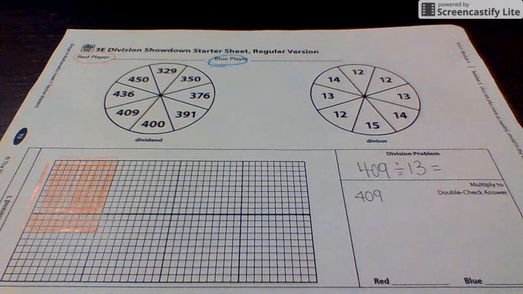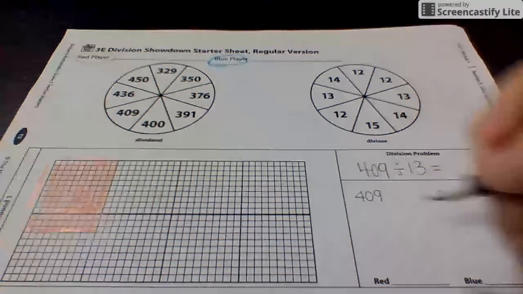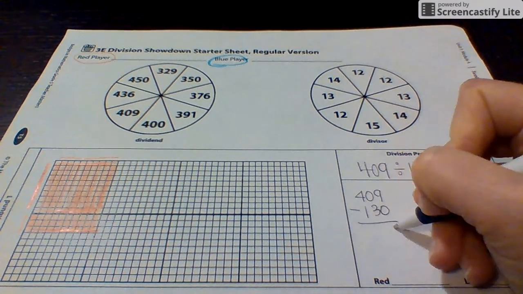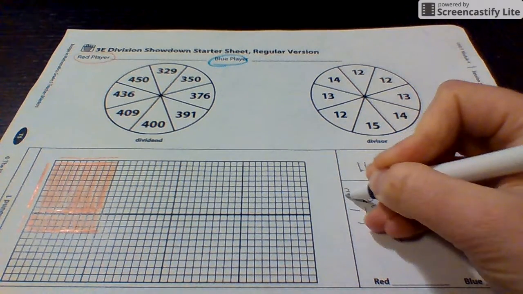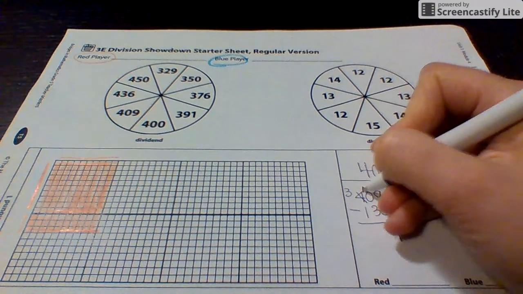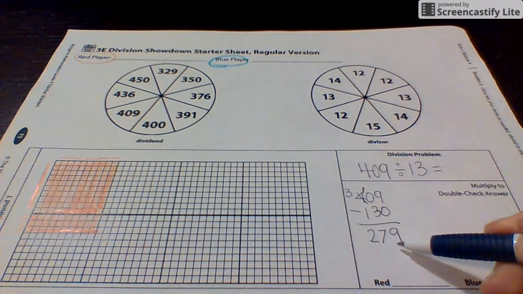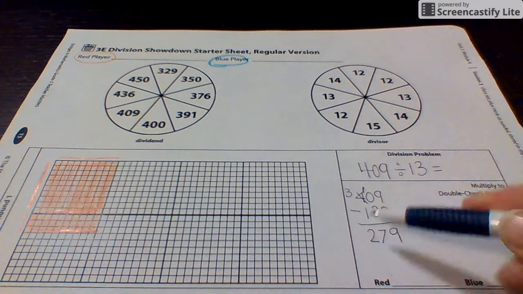So I'm going to do 409 subtract 130. I have 279. Since I have 279, there's still enough to do another group of 10.